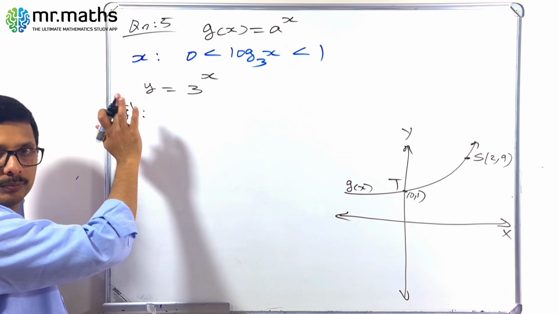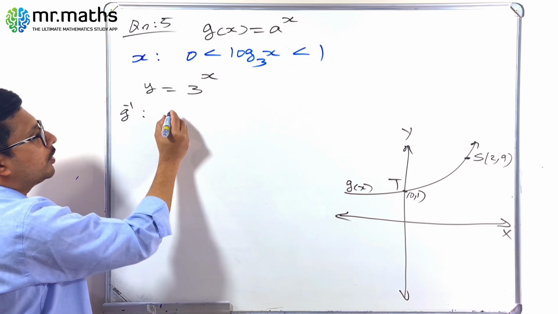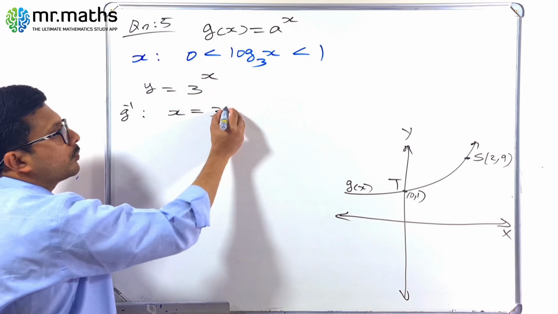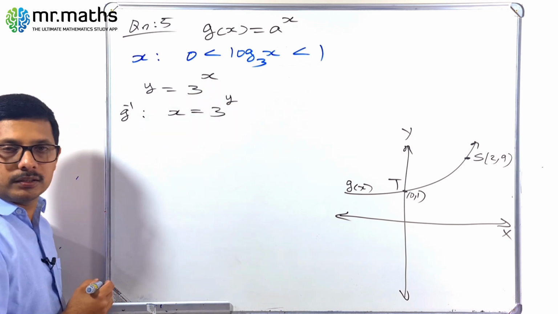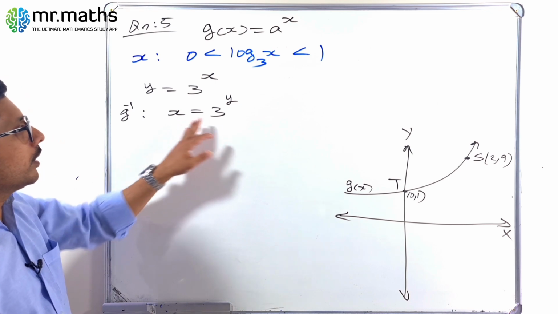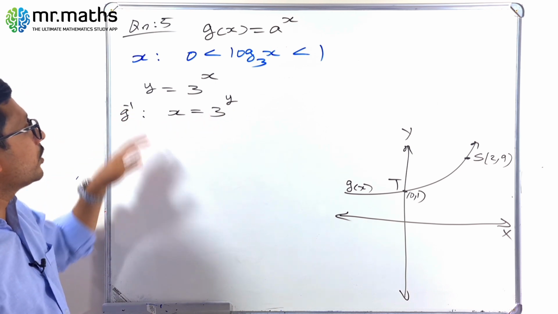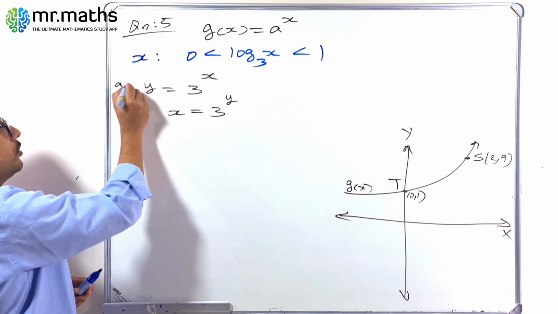Do you remember I told you before? So y becomes x, x becomes y, and x is equal to 3 raised to y. That is the inverse of g of x.